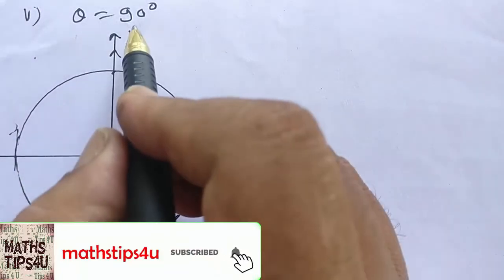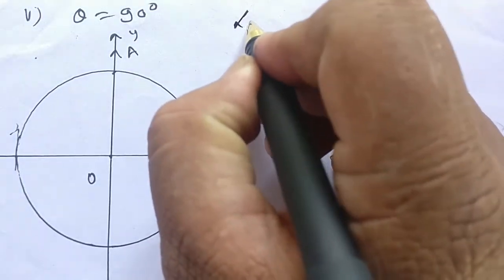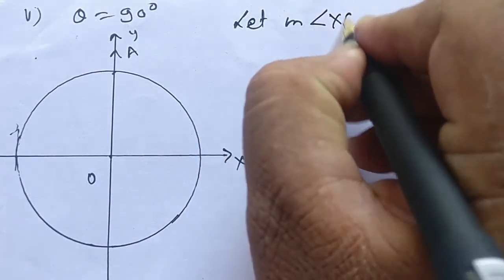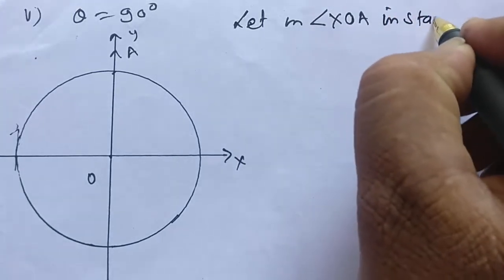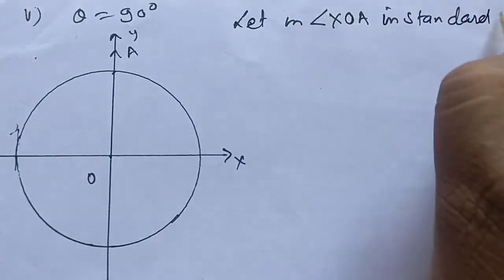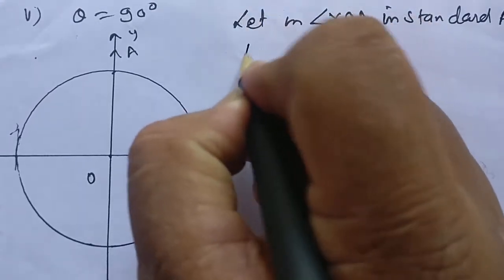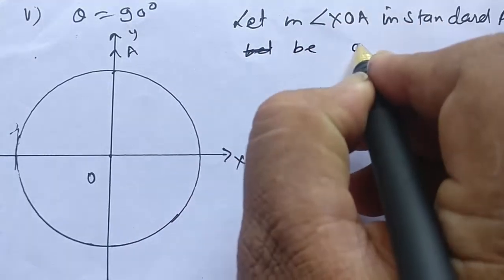Fifth, theta is equal to 90 degree. Let the measure of angle XOA in standard position be 90 degree.